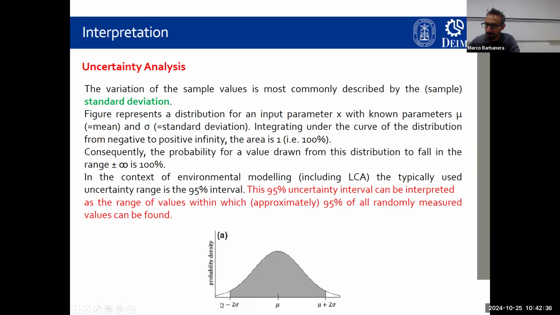Mu is the mean value, the most probable value for the parameter.